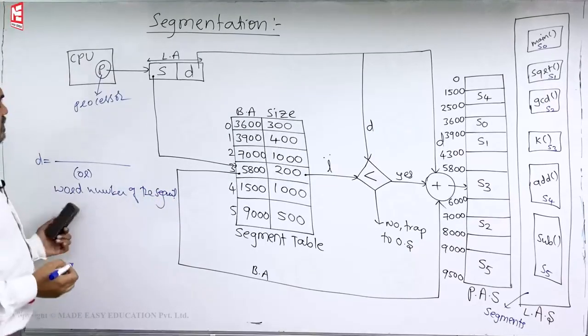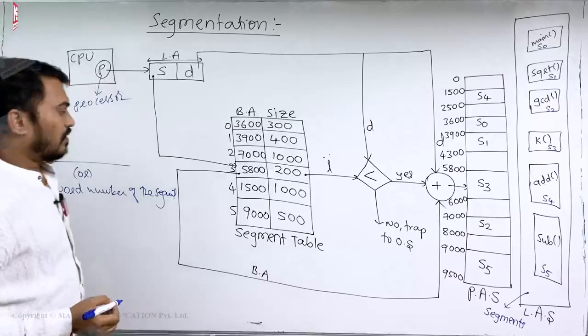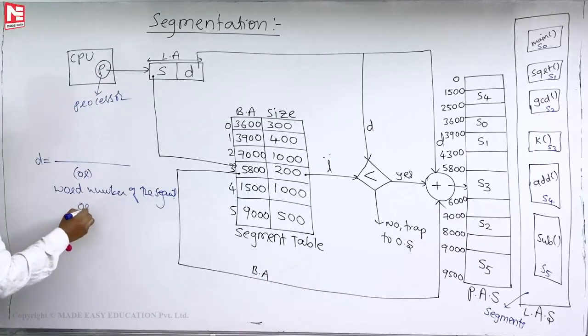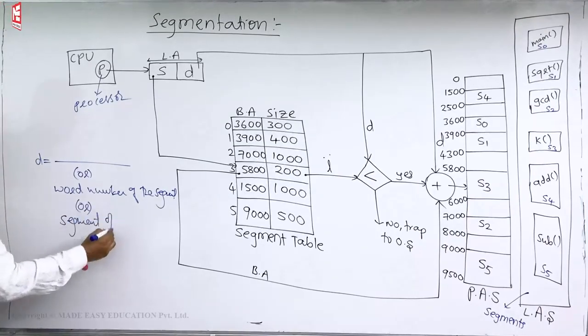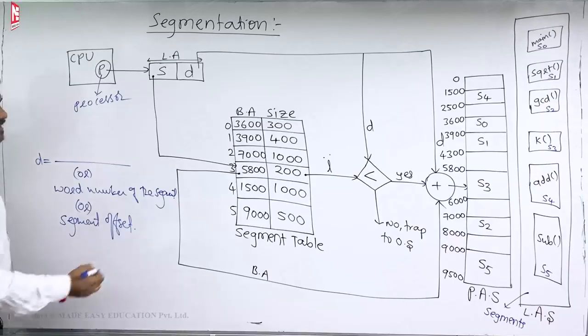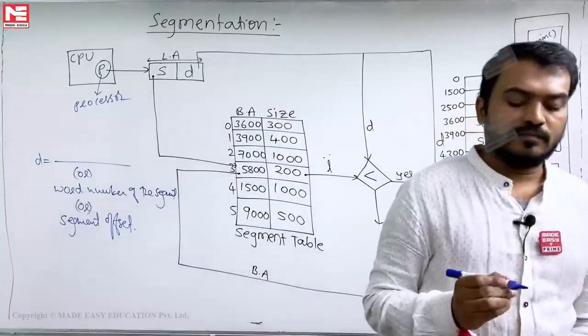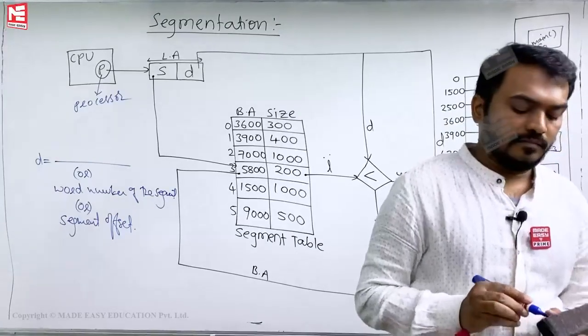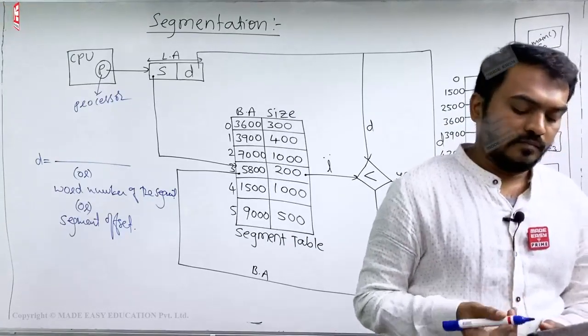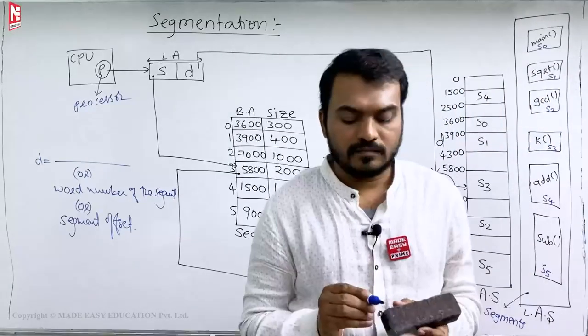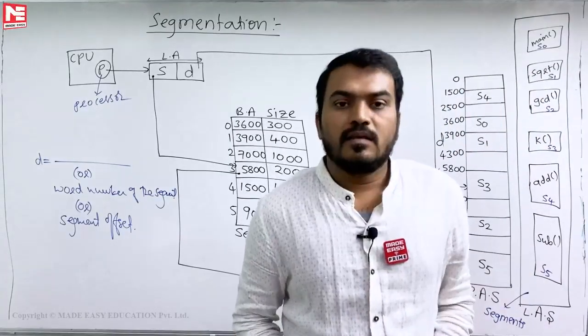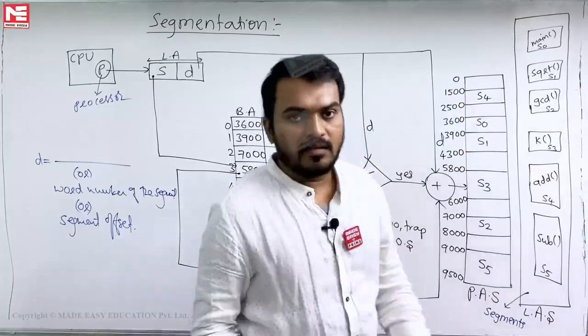One more name is also used for it: it is also called the segment offset.